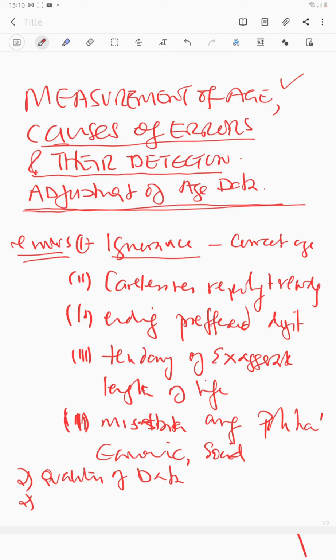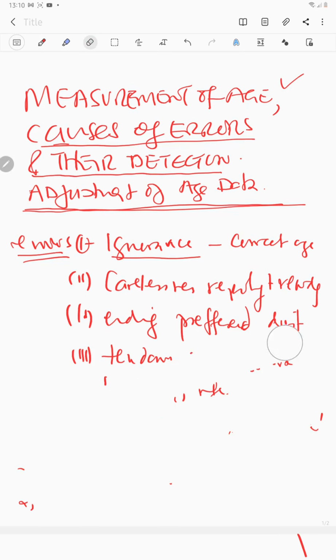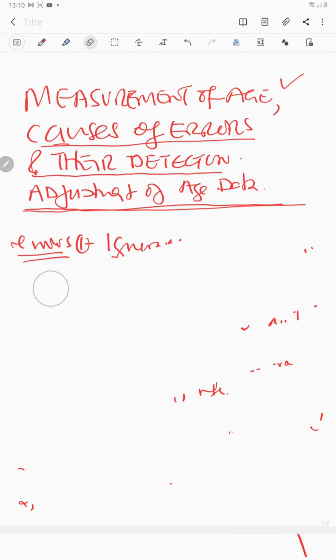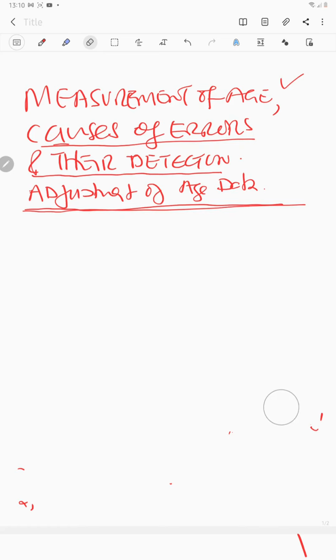Now let's look quickly at methods of detecting error. We have different methods that we normally use to detect error in a demographic environment. One method is called the age ratio.